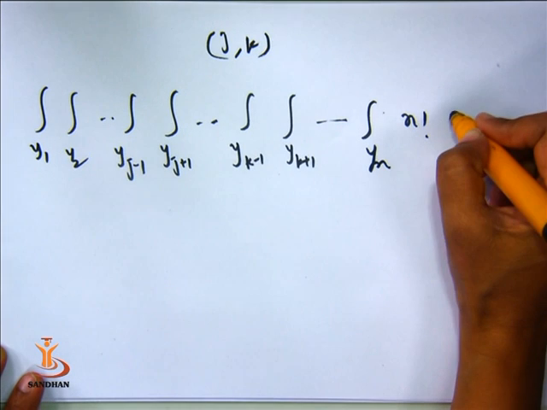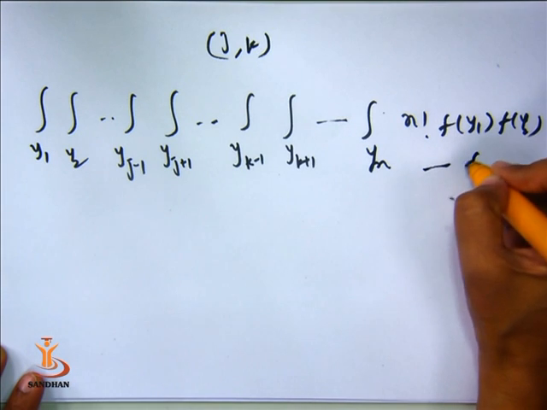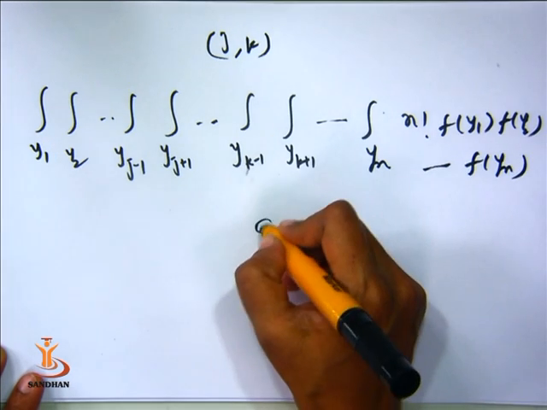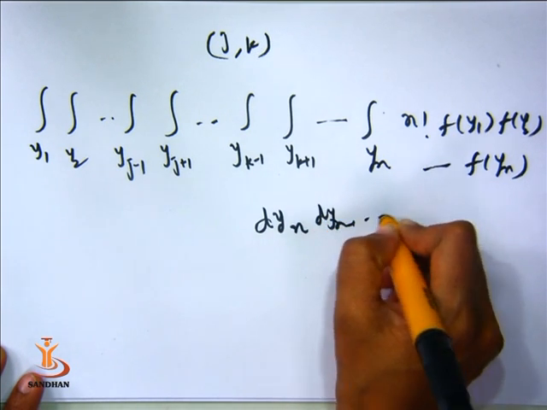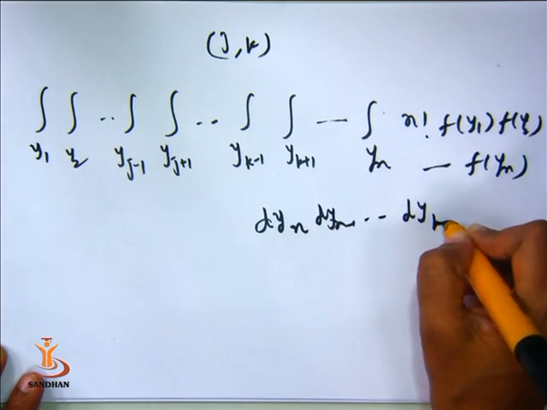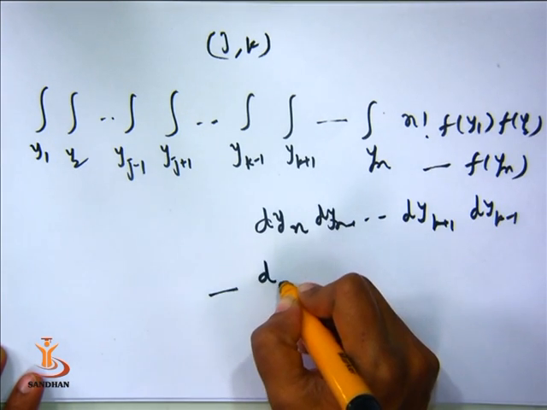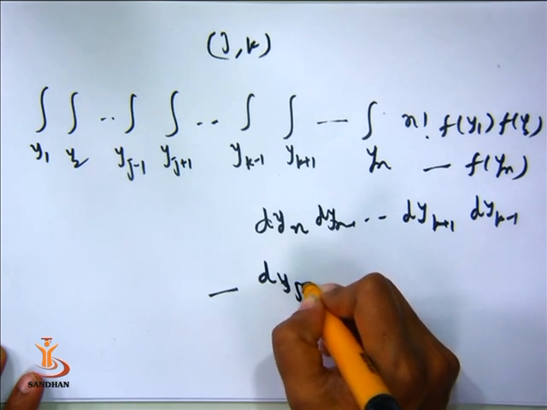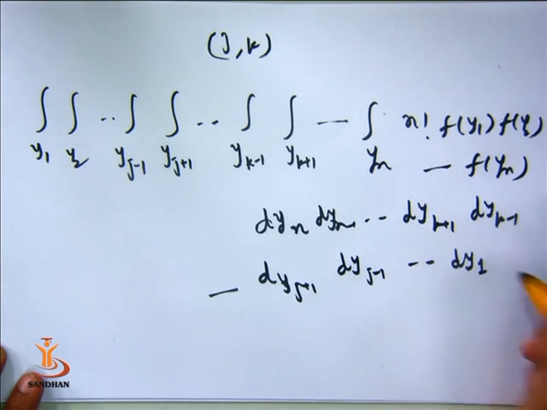Our joint density is n factorial f of y1, f of y2, and so on up to f of yn, and you integrate with respect to yn, yn minus 1, and so on, yk plus 1, yk minus 1 and so on, yj plus 1, dyj minus 1 and so on, dy1. This is the expression for deriving the joint density of two order statistics.